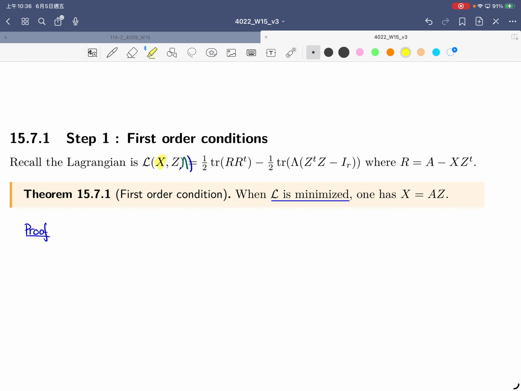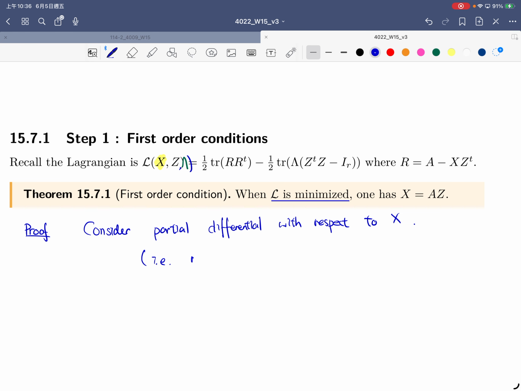So let me consider the partial differential with respect to x. When I say consider the partial differential with respect to x, that means you regard the other two variables, z and lambda, as constant.